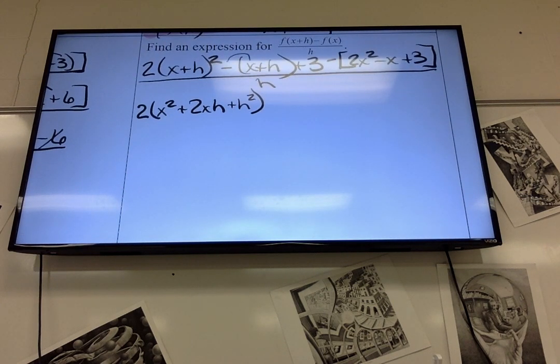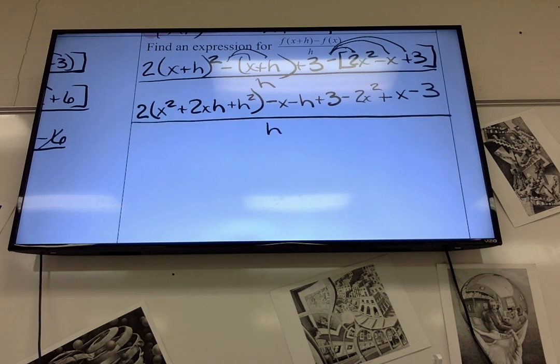Then this minus sign goes with everything in the parentheses there, so that's minus x minus h. Then I have a plus 3. And then this minus sign goes with everything in here. So it's minus 2x squared plus x minus 3. Look at your signs. Make sure I didn't lose you on the signs anywhere.